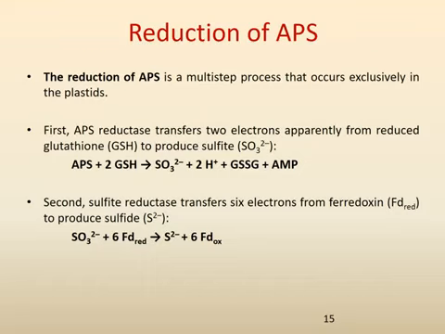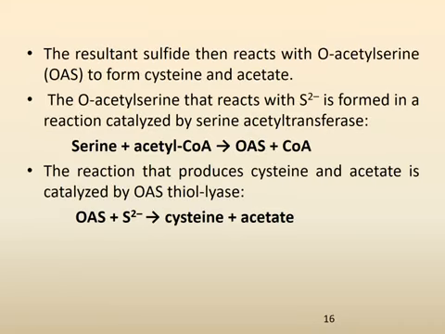Second, the sulfite reductase transfers 6 electrons from ferredoxin to produce sulfide. Sulfite plus 6 molecules of ferredoxin reduced form give rise to 1 molecule of sulfide plus 6 molecules of ferredoxin oxidized form. The resultant sulfide then reacts with O-acetylserine to form cysteine and acetate.